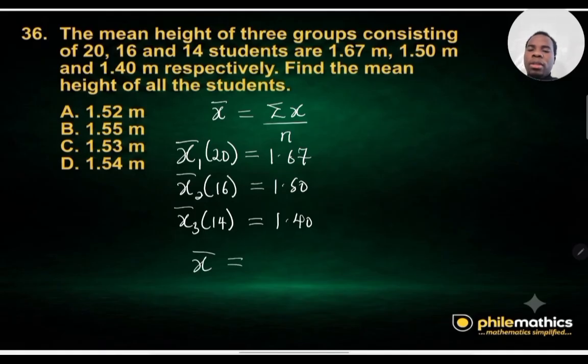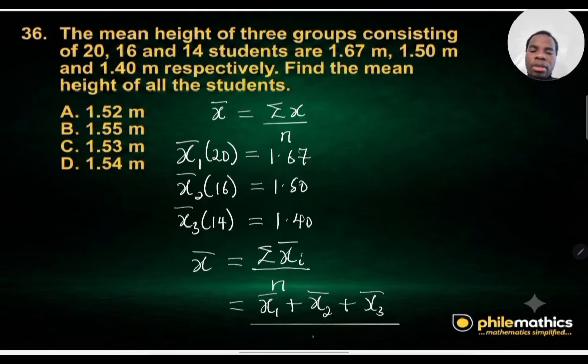will simply mean the summation of these means, xi bar, over how many xi we have. This simply means x1 bar plus x2 bar plus x3 bar over 3.